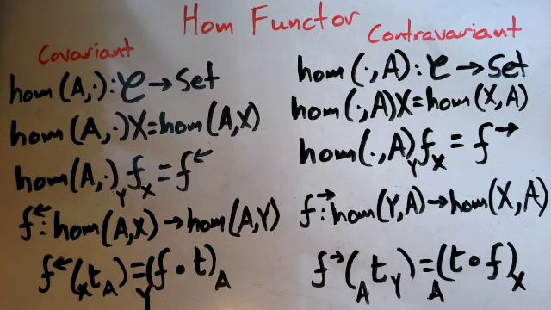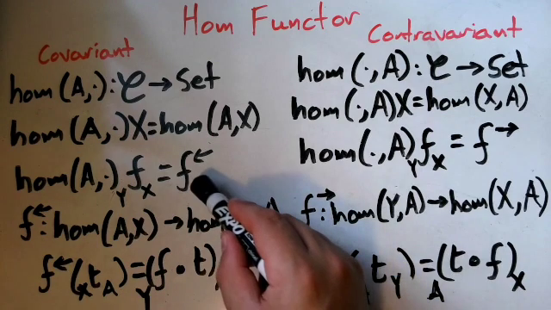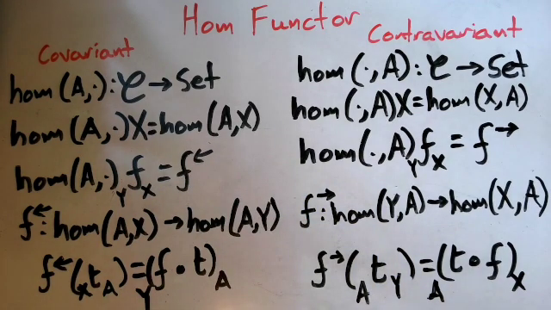And indeed, to do this, we're just going to define a new function called follow by f, which is fairly self-explanatory. If we take any morphism in the home set A X, call it t, and we apply follow by f to that morphism, then we simply compose on the left with f to get indeed a morphism from A to Y.